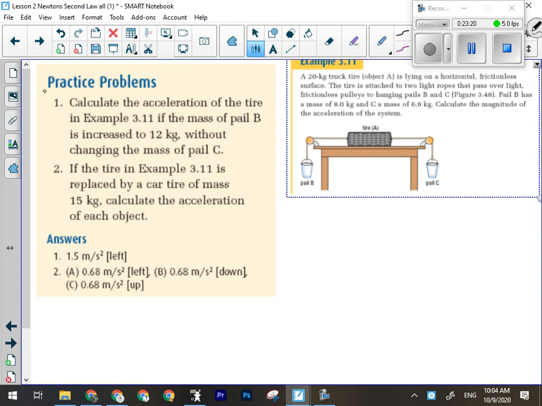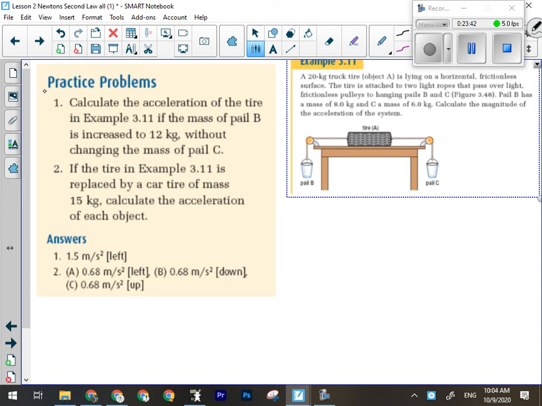Okay, so now you have that picture. The mass of pail B, that's this side, is increasing to 12, and you're not changing the mass of pail C. Now they want the acceleration of the tire. Not the system, the tire.